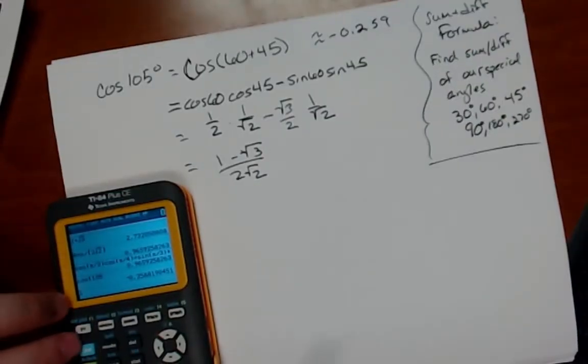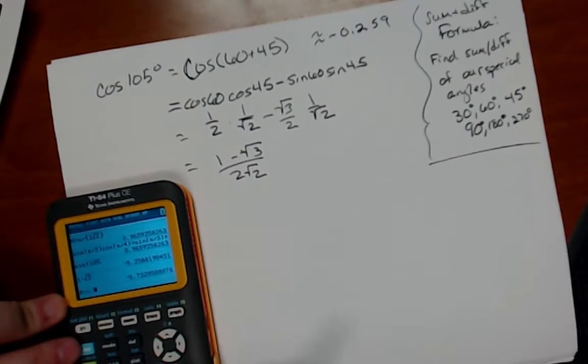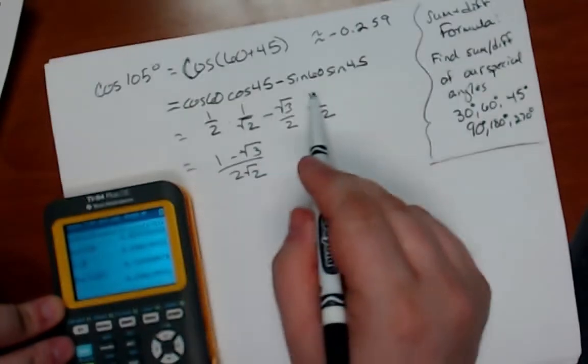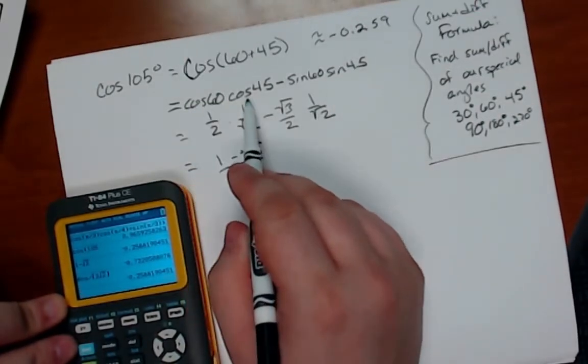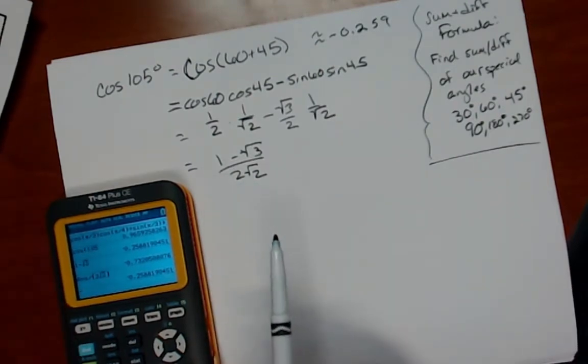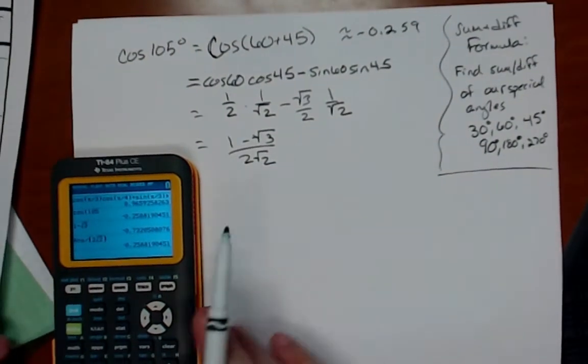And then if I do 1 minus the square root of 3, divided by 2 square roots of 2, negative 0.259. I won't type this out again, but if you type sine 60 times cosine 45 minus that, you would get the same decimal approximation.